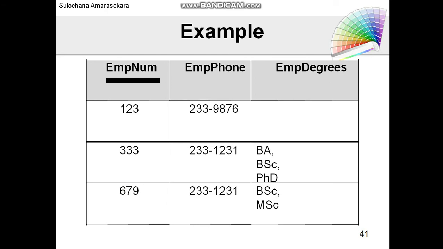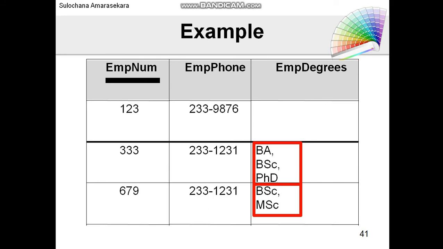Employee 333 has 3 degrees. Employee 679 has 2 degrees. Because of that, the EMP degree column is not atomic. Because of the EMP degree column, the table is not in first normal form. If so, we need to convert the table into first normal form.